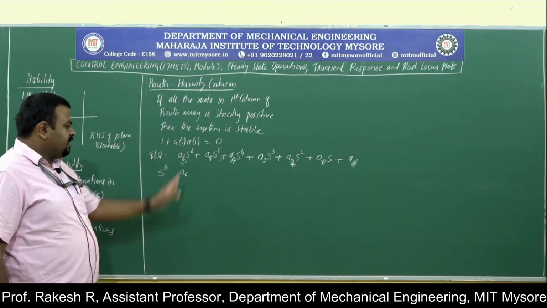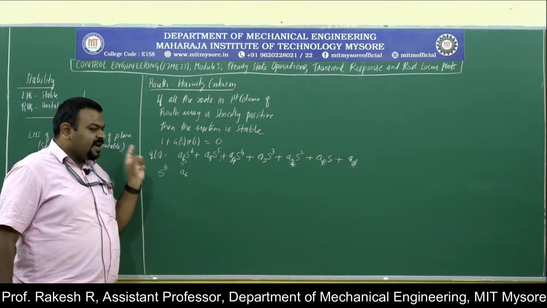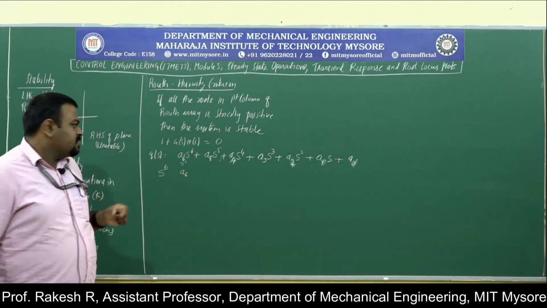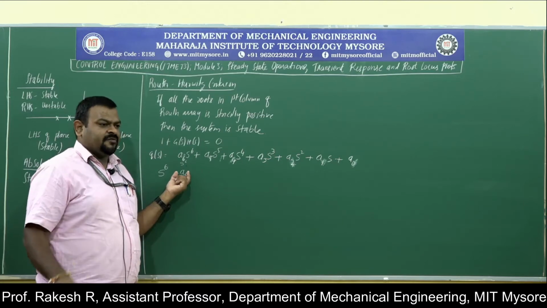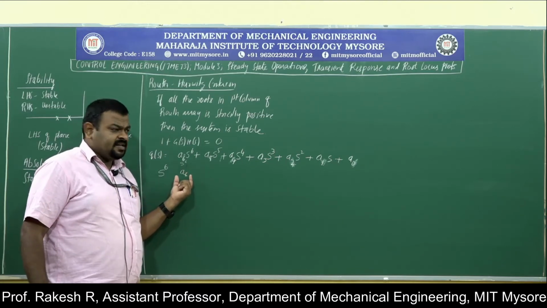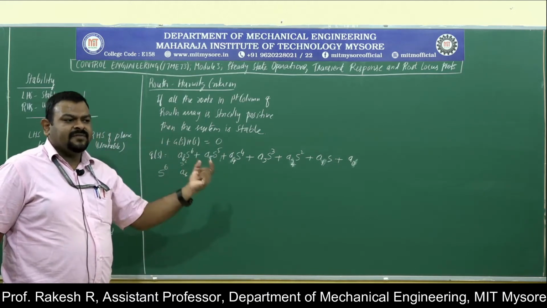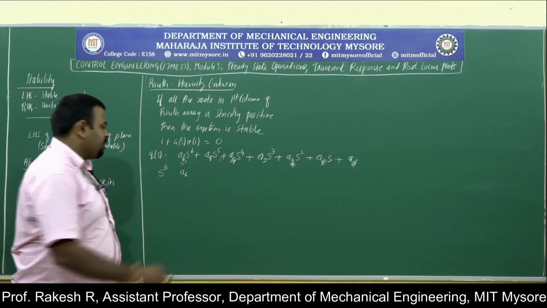Next I will write the next even coefficients. If it is an odd degree, then the next odd, in decreasing fashion. The s to the power of 6 coefficient is a6. Then the next decreasing even power is s to the power of 4. What is the coefficient of s to the power of 4?